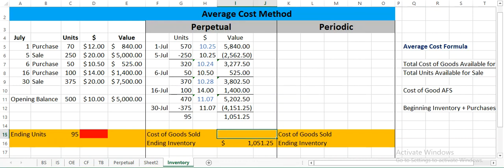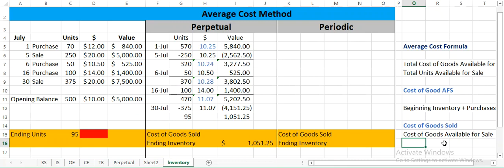Now, what else we're supposed to be calculating is our cost of goods sold. And if you remember, the formula for cost of goods sold is cost of goods available for sale minus ending inventory.